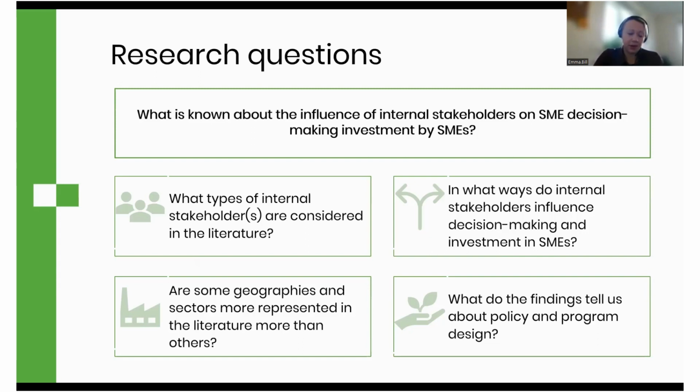That could be the academic literature or other types of publication. I listed a few already, so owner manager, for example, frontline workers. And then we also wanted to answer the question, how do these internal stakeholders influence decision making? So what are the most commonly observed behavioural factors that are cited in the literature?